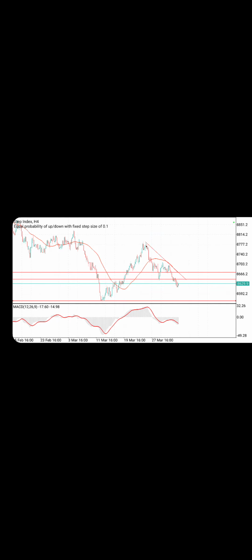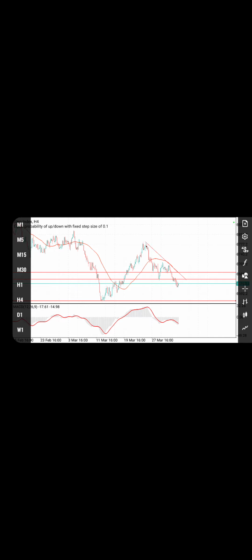So right about now, when you see the moving average crossing below the chart, it indicates a buy is about to come. It indicates that the market wants to buy. And when you see the MACD like this, when this bar crosses above the zero level, that means a buy is coming.